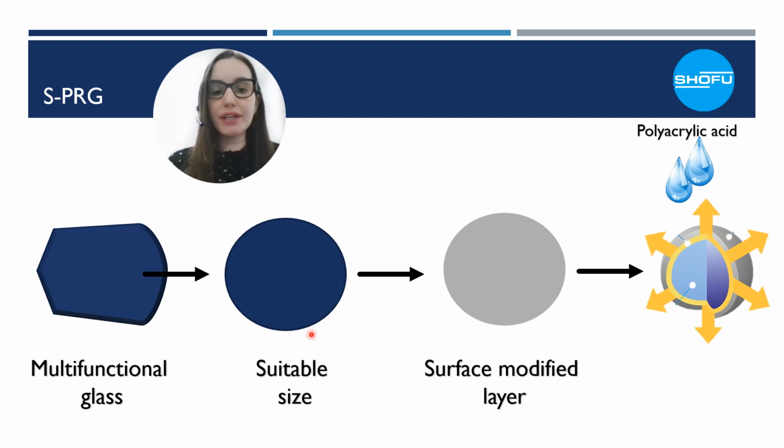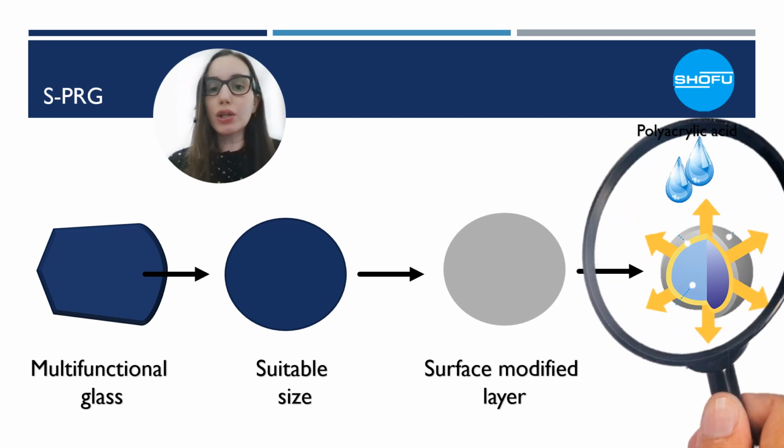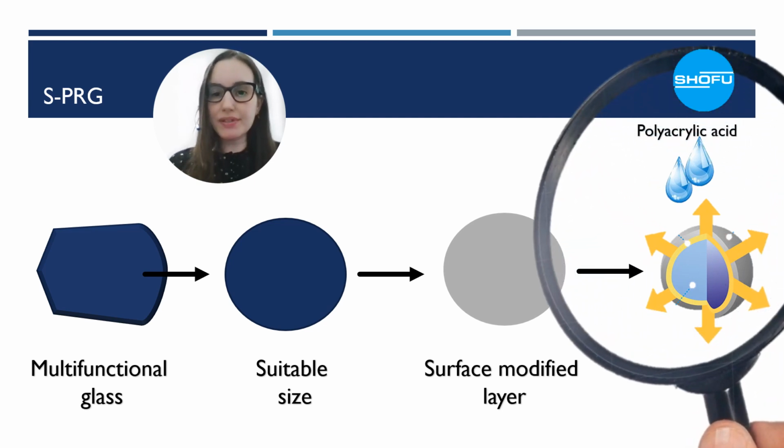After the glass reaches a suitable size, another layer is applied to protect this glass. So we have a surface modified layer. This modified layer is porous, and when polyacrylic acid solution is applied over it, let's take a closer look at what happens.